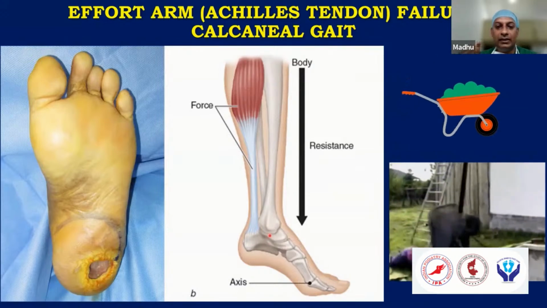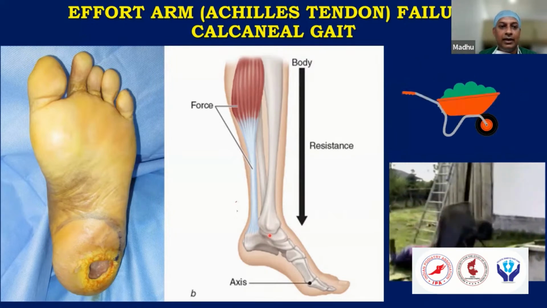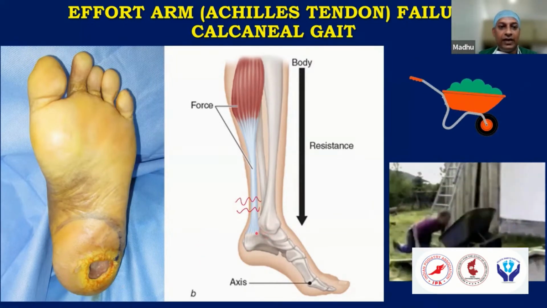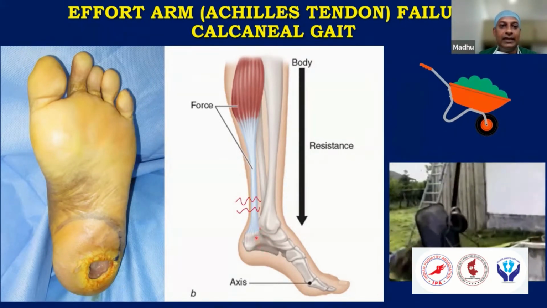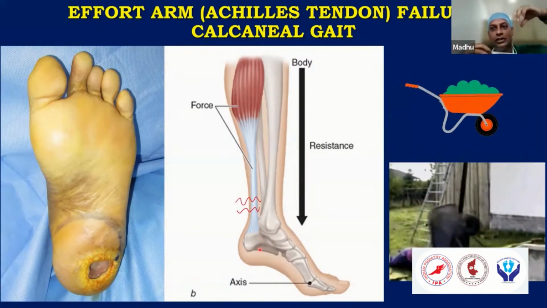It can be either a paralysis, it can be an Achilles tendon rupture, or it can be a type 3B fracture of the calcaneum, where the entire enthesis of the Achilles tendon and calcaneum come off posteriorly.